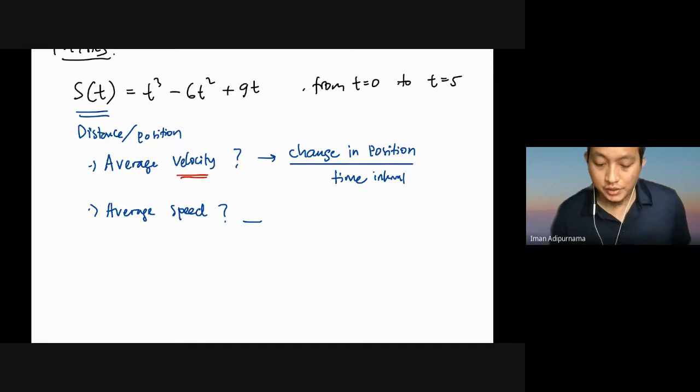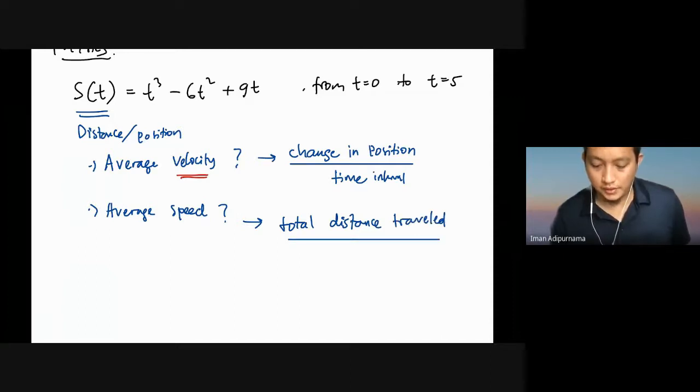While the average speed is the total distance traveled over the total time, or time interval.